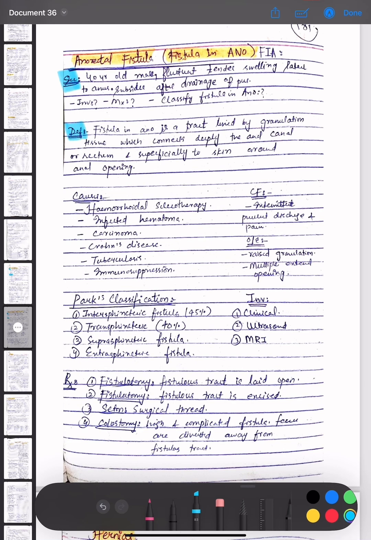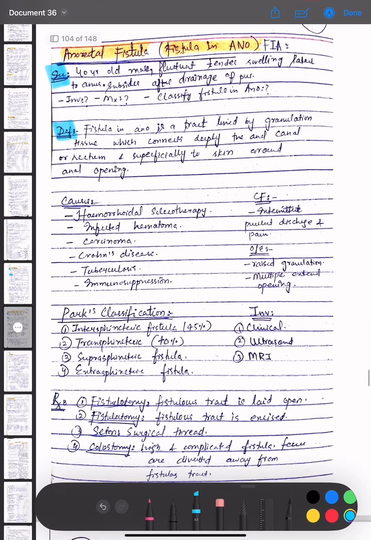Fistula in ano is a tract lined by granulation tissue which connects deeply to the anal canal or rectum and superficially to the skin around the anal opening.